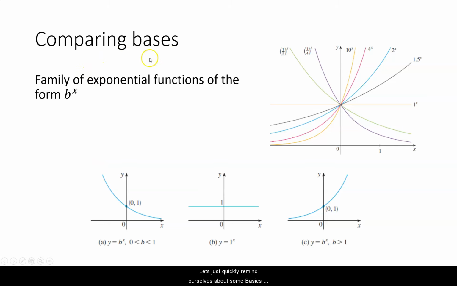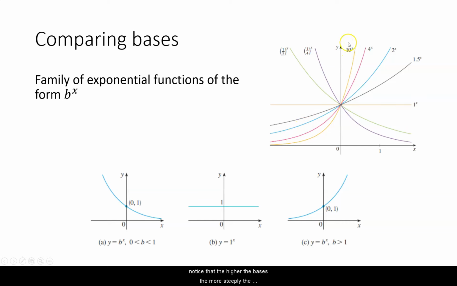So let's just quickly remind ourselves some basics about exponential functions. Here we're looking at the family of exponential functions of the form b to the power of x. We can see here in the graph to the right that depending on the base, b being the base, our graph can take on a variety of different shapes.